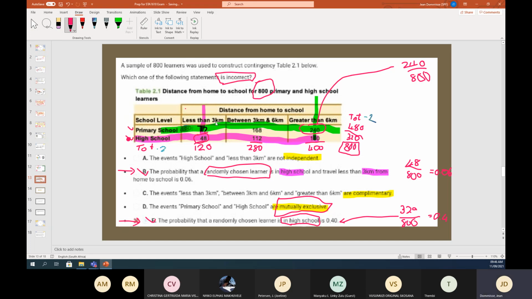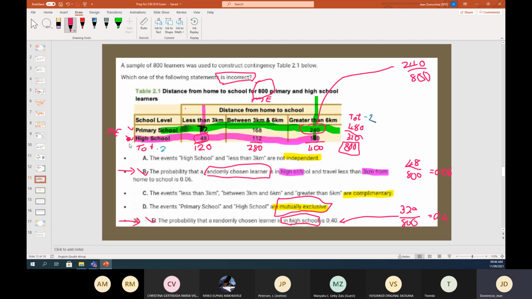So the school level is mutually exclusive, but the distance from school is also mutually exclusive. You can't be 3 kilometers from school and 6 kilometers from school and 9 kilometers from school. You can only be one of them. Okay, so distance from school would also have been mutually exclusive.